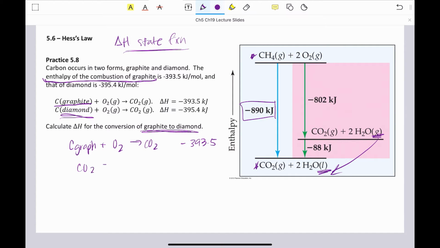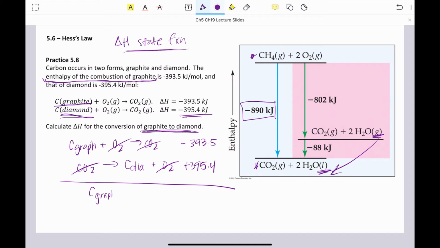So CO2 gives C diamond plus O2. Now I'm going to have to flip that sign, so plus 395.4, and I need to make sure that my reaction sums to what I need. So I have 1 mole of CO2 on each side, 1 mole of oxygen on each side. Those things cancel, which means that my reaction now says C graphite to C diamond.